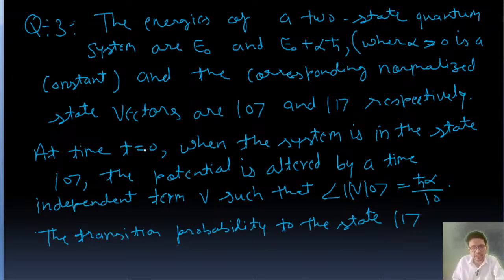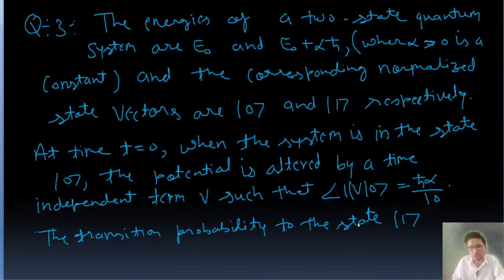At time t equal to 0, the system is in the |0> state. The potential is altered by a time independent term V, such that <1|V|0>, this value we have been given, is h cut alpha upon 10.